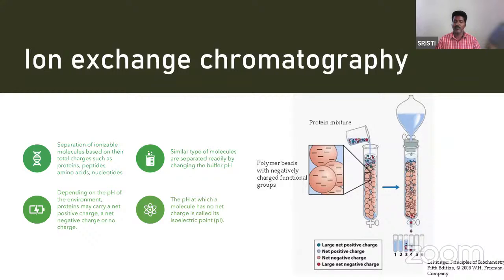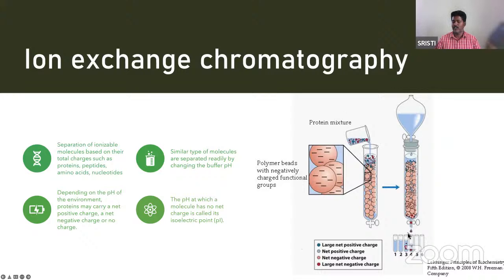Similar types of molecules are separated readily by changing the buffer pH. Depending on the pH of the environment, proteins may carry either a negative charge, a positive charge, or even no charge. Neutral molecules also can be separated using ion exchange. The pH at which the molecule has no net charge is called the isoelectric point.